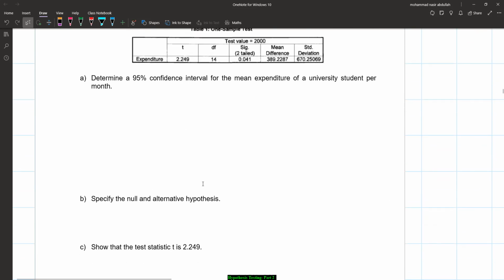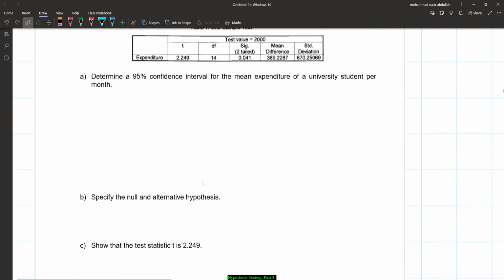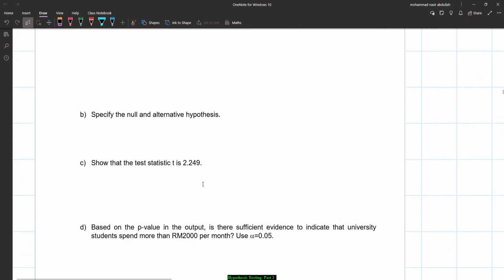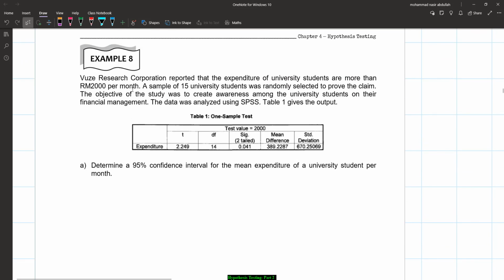So example number 8, I think you can do it by yourself, as it is very simple. This is the null and alternative hypothesis. If we look here, it says more than 2,000 per month.